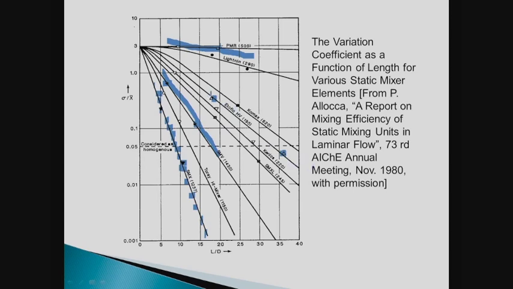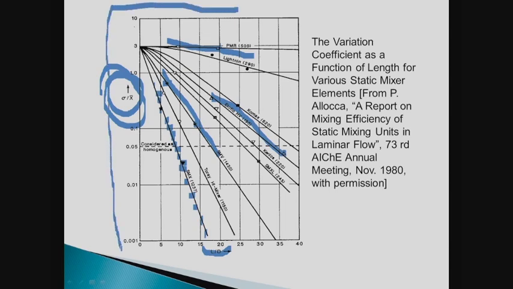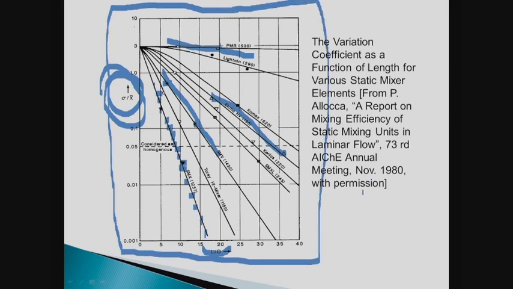Anyway, so you have mixing index or mixing measure performance. This is performance index versus L over D. Now, you would have to assume that SMX is the best mixer. Okay. So this is what I mean by you can make rapid equipment comparisons. Excellent, in my opinion.